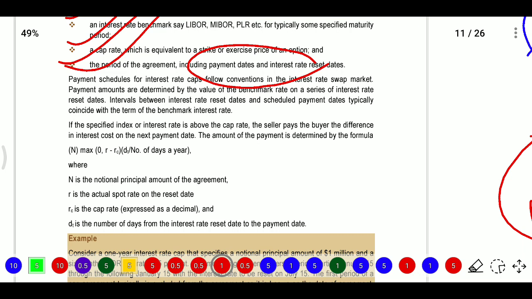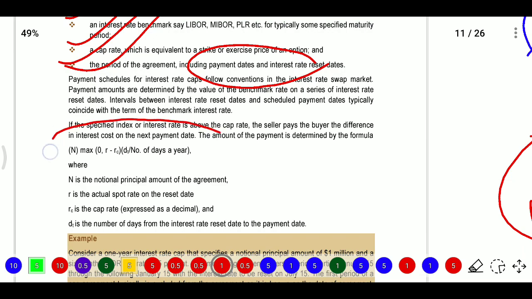The interval between reset dates and scheduled payment dates typically coincides with the term of the benchmark rate. If the specified index or interest rate is above the cap rate, the seller pays the buyer the difference in interest cost on the next payment date, and the amount of payment is determined using a formula.